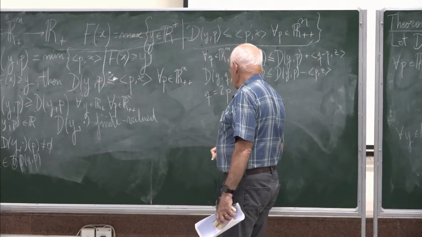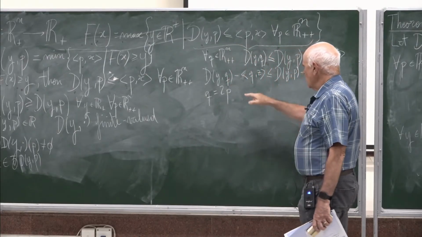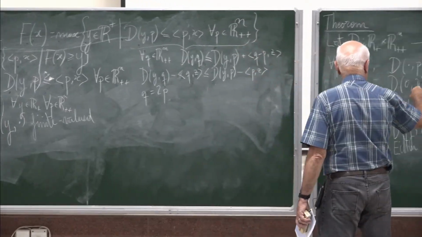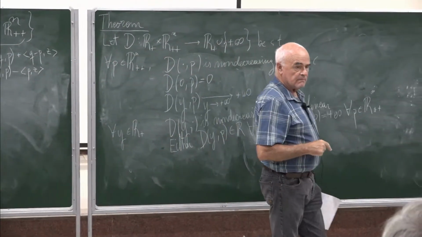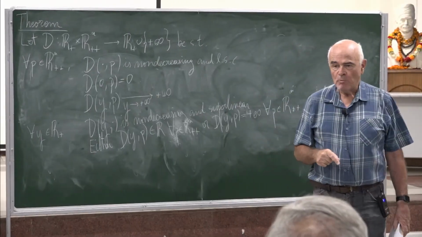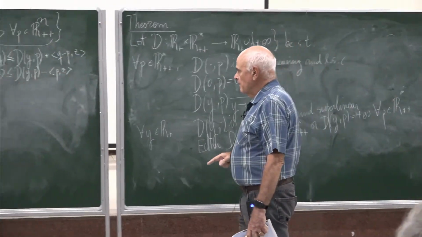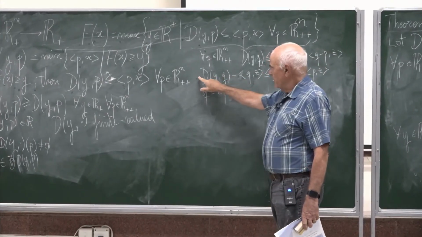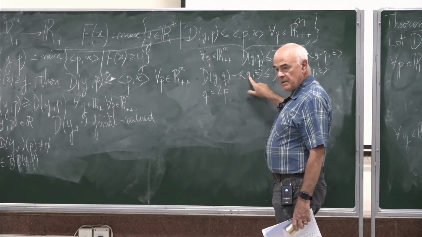So if I take Q equal twice P, replace Q by 2P here, and remember that D is superlinear. So it's positively homogeneous of degree 1. So the 2 would come out here, the same here.